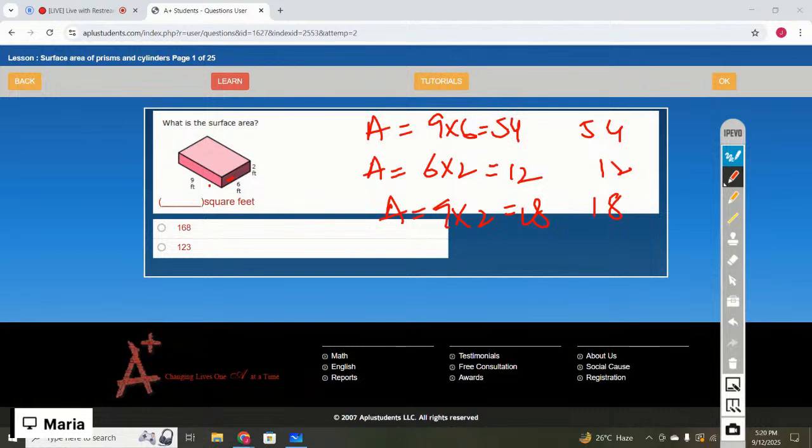So let's just add. That is 54 plus 54 plus 12 plus 12 plus 14 plus 14. That is 168.